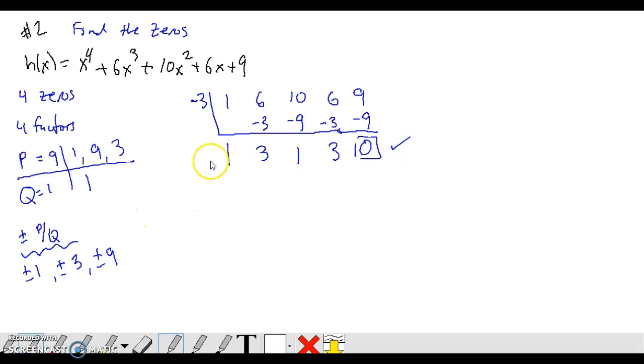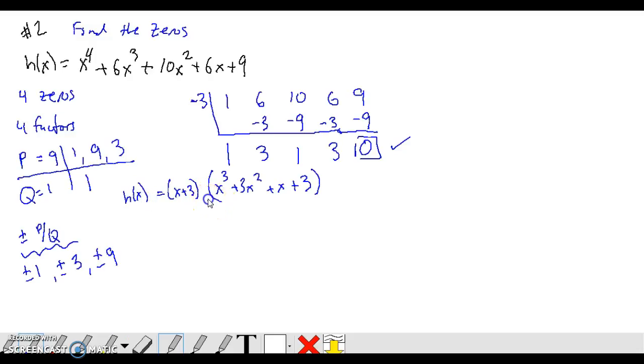Next time you find a zero, you want to use these new numbers. So remember that this is now x cubed plus 3x squared plus x plus 3. So if I multiply that guy by x plus 3, right? That'll be, oops, not f, it's h.